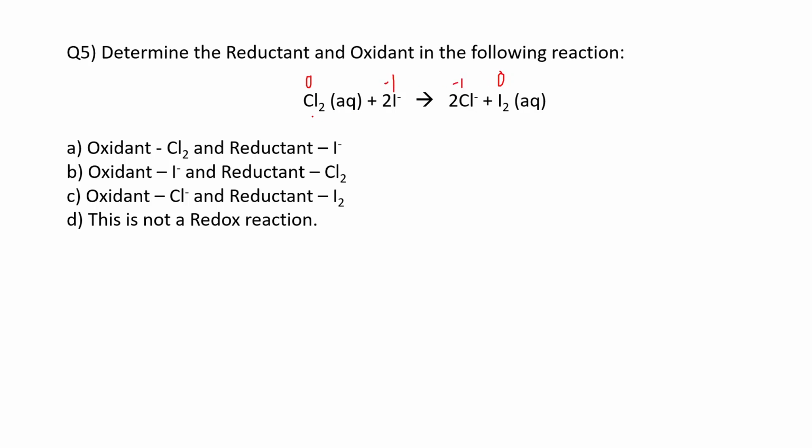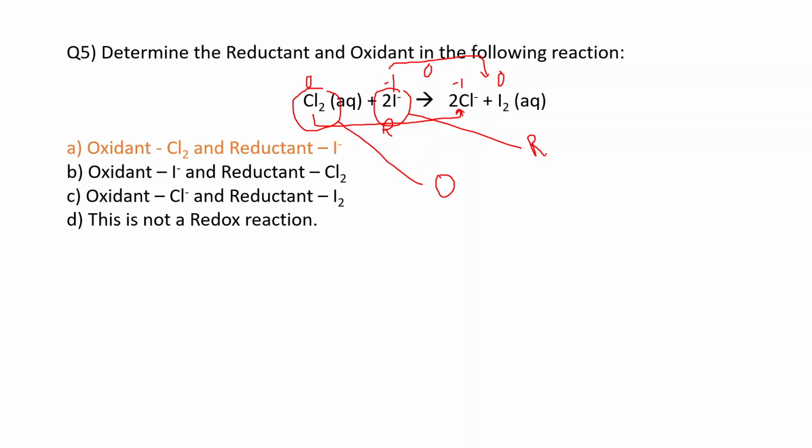So what is happening? Chlorine is reduced, and iodine is oxidized. So chlorine is the oxidant because it is oxidizing the other compound. And iodine is reducing chlorine, so it is the reductant, as I have explained in the first question itself.